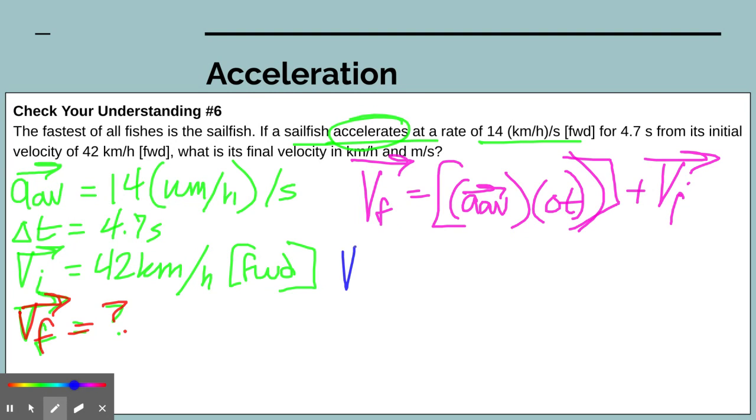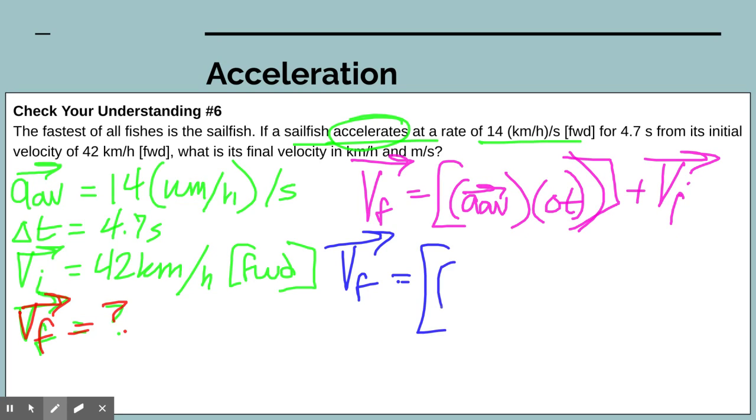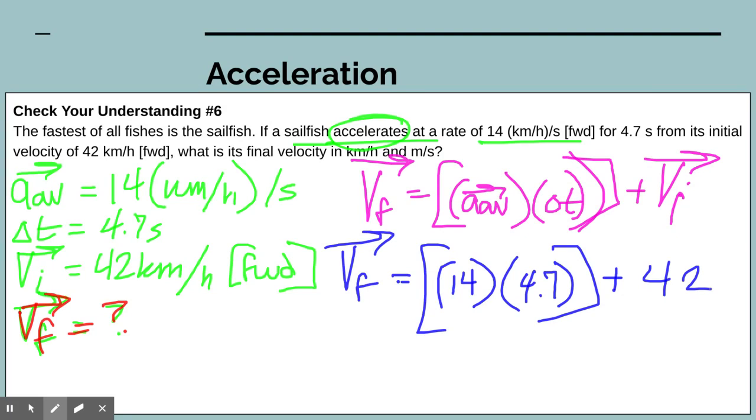So we're just going to plug everything in. 14 times our time interval, 4.7, and then plus our 42. Notice though, everything's moving forward, so we don't put any negatives here with the 14. We're not accelerating in the opposite direction like the last one.